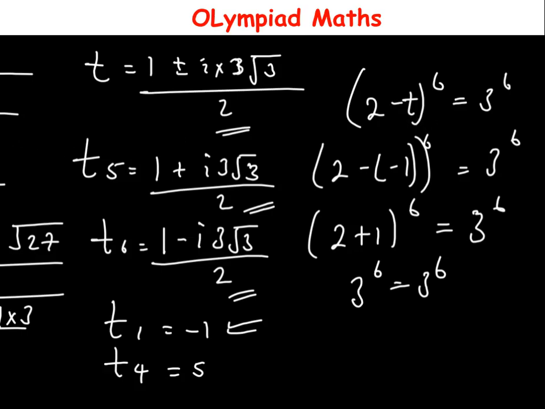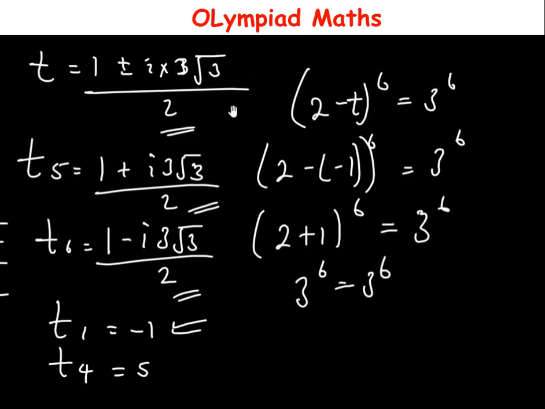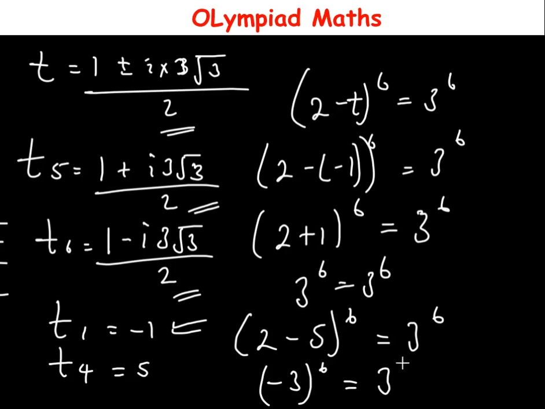Also, let's check the value for t4, which is 5. In this equation, 2 minus t then becomes (2 minus 5) raised to power 6 is equal to 3 raised to power 6. Now 2 minus 5 is minus 3, all raised to power 6 is equal to 3 raised to power 6.